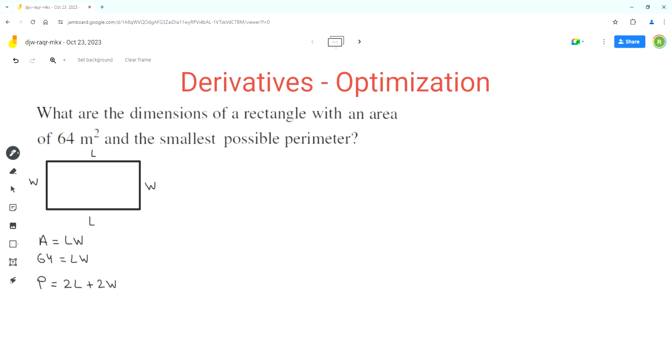We should use the area equation to do substitution for one of these variables. We can isolate L from the area equation by dividing both sides by W. Now we can do the substitution for L in the perimeter equation.